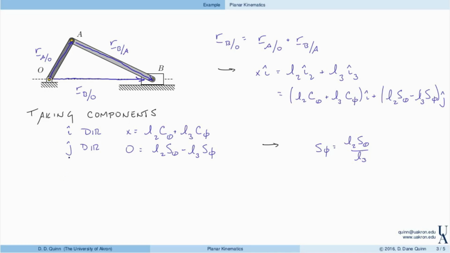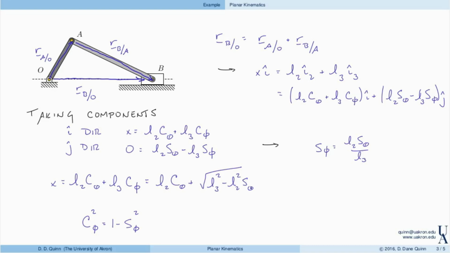So with a little bit of algebra, we find that x is equal to, well, from the equation directly, L2 cosine theta plus L3 cosine of phi, but this reduces to L2 cosine of theta plus, and then again with some algebra we can use the fact that cosine squared is 1 minus sine squared, and we have an expression for sine of phi, so we can substitute in for this cosine of phi term, and ultimately we find the square root of L3 squared minus L2 squared sine of theta squared.